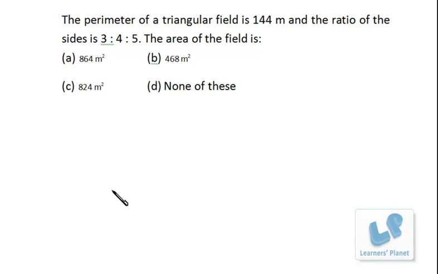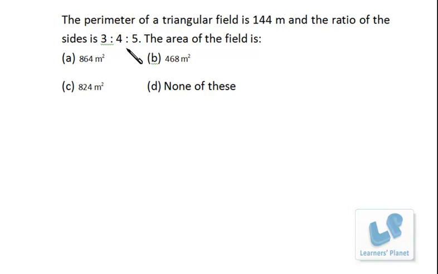Now in this case, we are given that the perimeter of a triangular field is 144 and the ratio of sides is 3 is to 4 is to 5. The area of the field is? Just recall 3, 4, 5 and their multiples form a Pythagorean triplet, so definitely it is a right angle triangle with sides 3x, 4x and 5x, right?